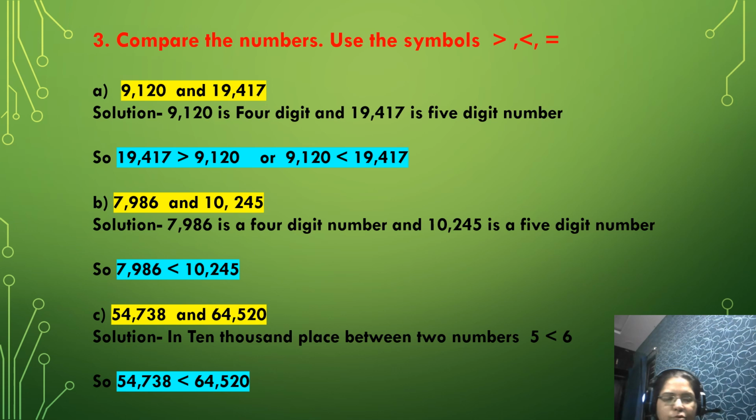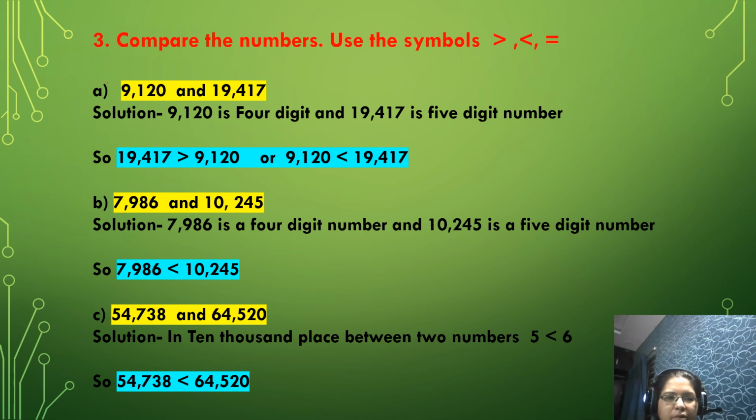Now we have to solve question number 3. Question number 3 is compare the numbers. Use the symbols greater than, less than and equal to. First numbers given are 9,120 and 19,417.